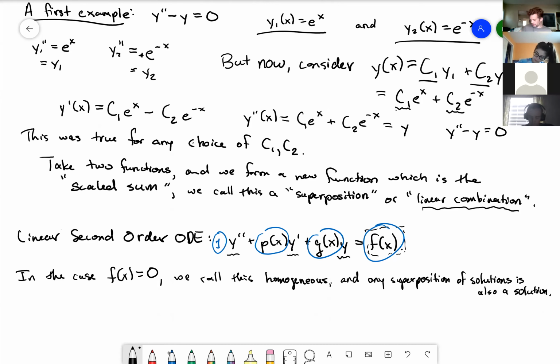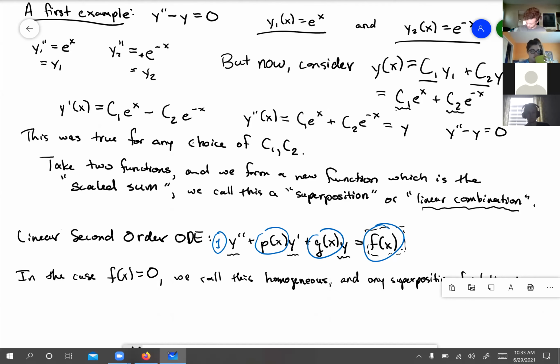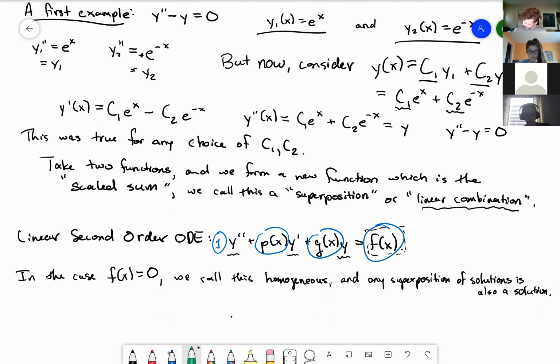Notice I didn't say second order. Remember, in the case of the first order, we always had a constant out in front. It was always c times some function of x in the first order homogeneous.